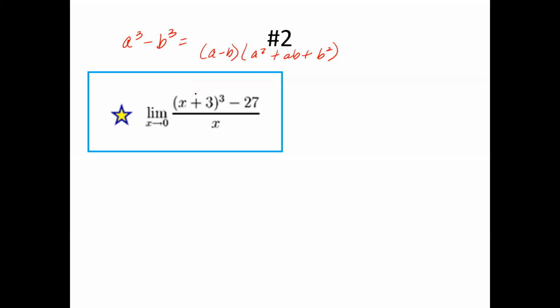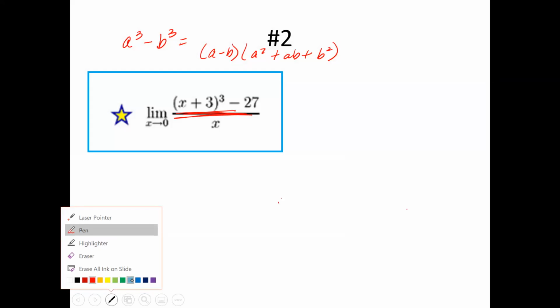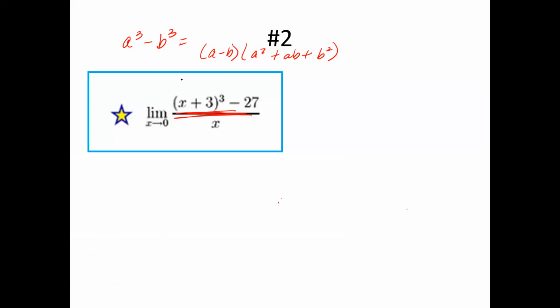And you should notice that this part right here in the numerator matches that. You have to be a little bit fancy with the way that you envision this. But if I rewrite this, I will have x plus 3 cubed minus 3 cubed. So that we match this, you should realize that a is equal to x plus 3, b equals 3.